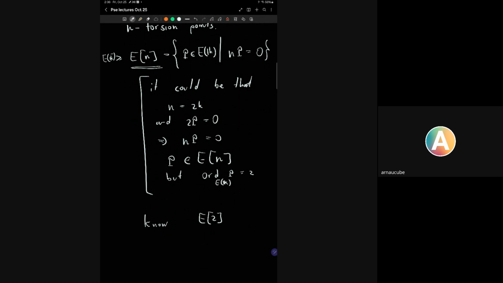Because if you take two n torsion points P and Q, and you add them in the elliptic curve, and then multiply by n, you get nP plus nQ, and this is O. So also P plus Q is going to be an n torsion point, and similarly minus P and minus Q are going to be n torsion points. So this is in fact a subgroup of the k bar rational points of E.